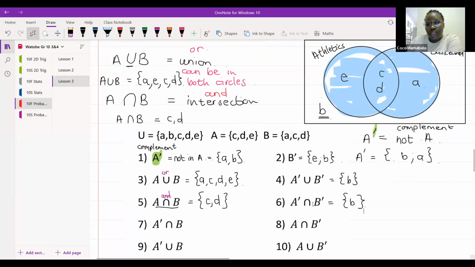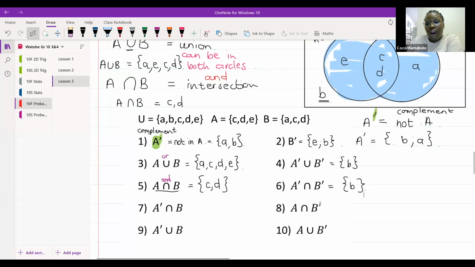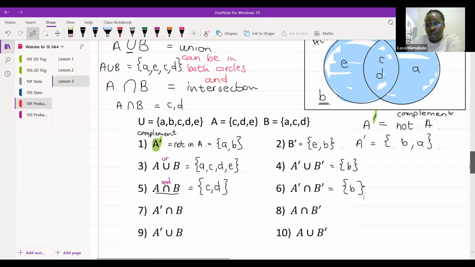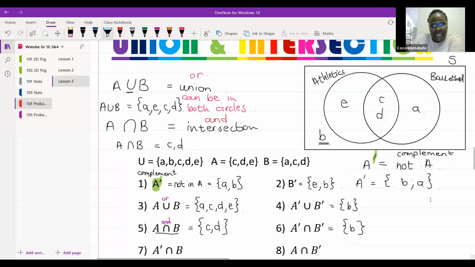All right, let's look at number 7. Let's look for the complement of A. What would the complement of A be? E. All right, but remember, complement means not A, everything that's not in A. What is not in A? It's going to be A and B. Correct.